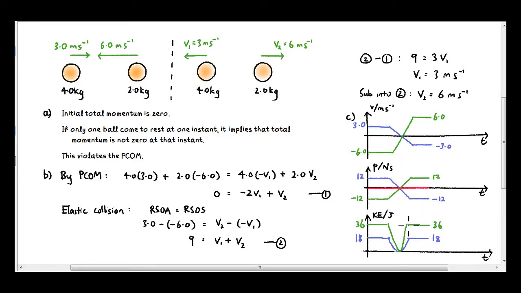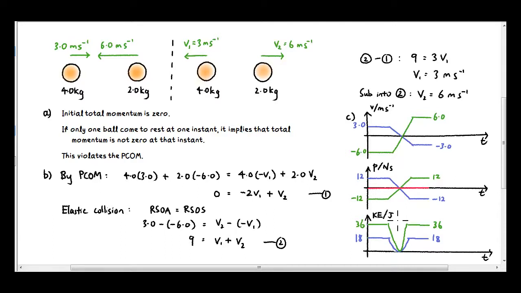Do notice that the kinetic energy during the collision is not constant. I hope that makes it clear to everyone that when we say that a collision is elastic and that kinetic energy is conserved, what we mean is the kinetic energy before and after the collision is conserved. But during the collision, when the two balls are still interacting with each other, the kinetic energy is not conserved.